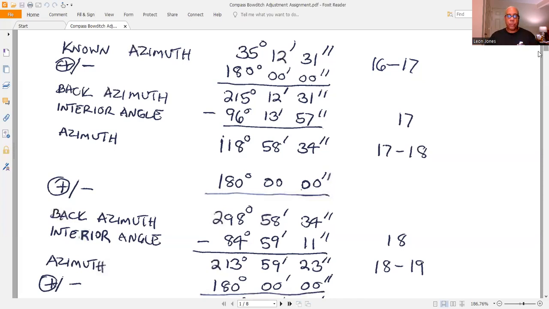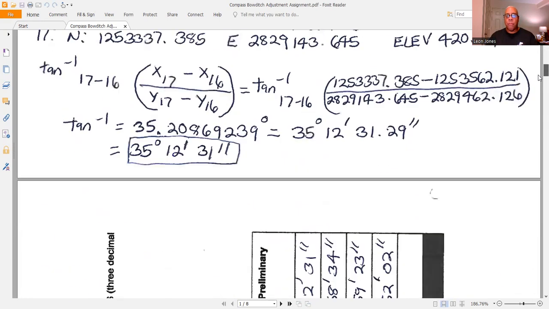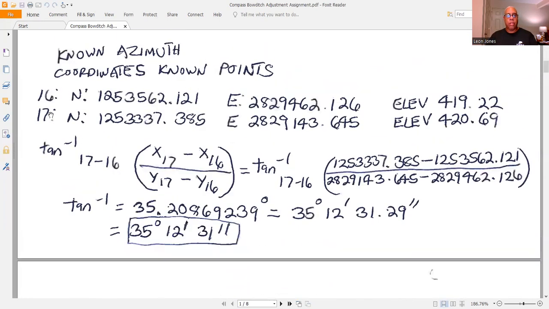Now, how did I come up with a known azimuth? Because I didn't even have an azimuth. Well, I was given a bit of information. I was given a coordinate, 16 and 17. Here are the coordinates I was given. So I took this formula, used the inverse tangent, gave me decimal degrees, and I came up with this first azimuth. That's now my known azimuth.